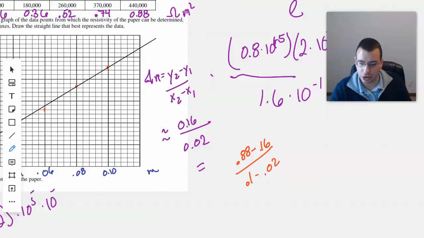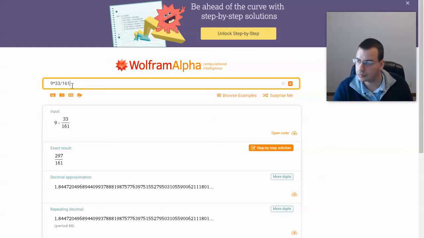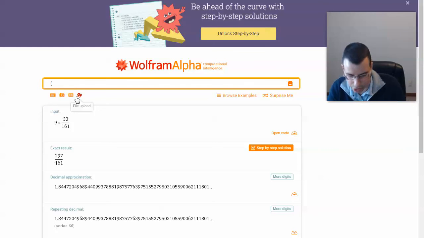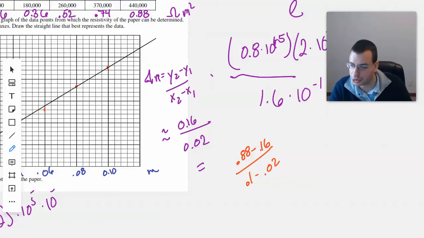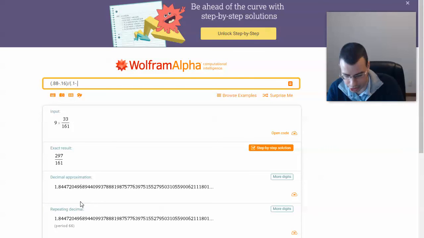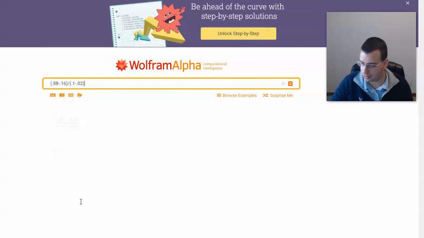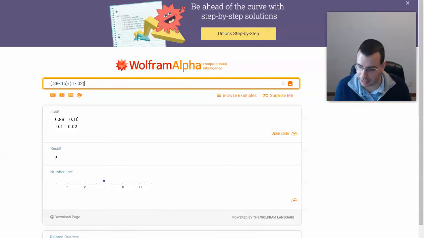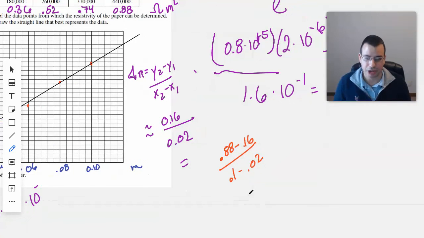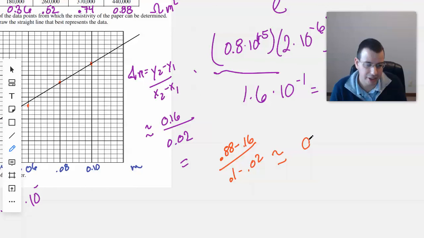And then using Wolfram Alpha, let's see, quantity 0.88 minus 0.16 divided by quantity 0.1 minus 0.02, and finally after all of our work, we get 9. Feels like I should have done that in my head. And so we get the resistivity is 9 ohm meters.